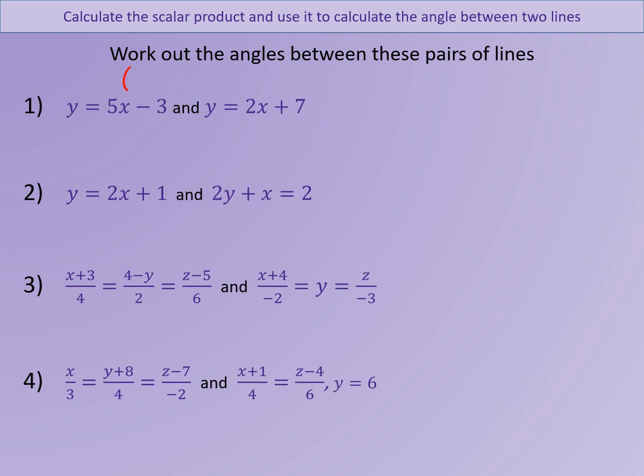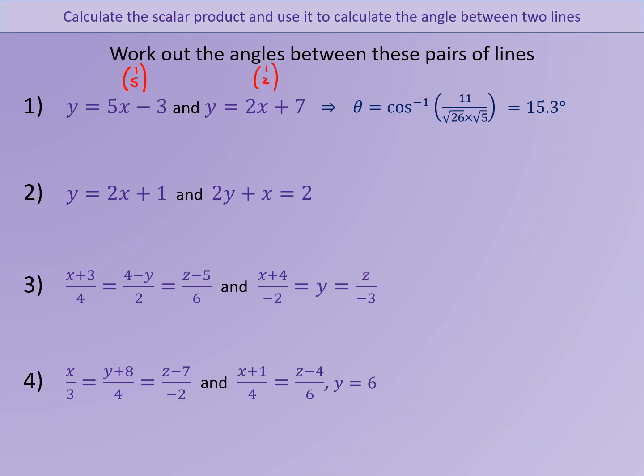So a suitable direction vector could be 1, 5. For every 1 you travel in the x direction, you travel 5 in the y direction. The second line, the gradient is 2, so 1, 2 would be a suitable direction vector. So the calculation for the angle between the two lines gives us an angle of 15.3 degrees.